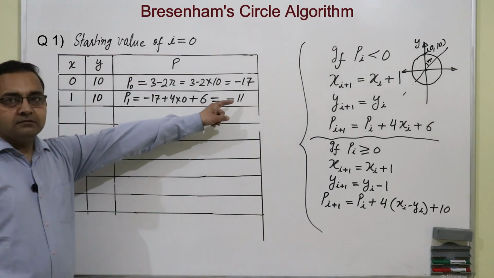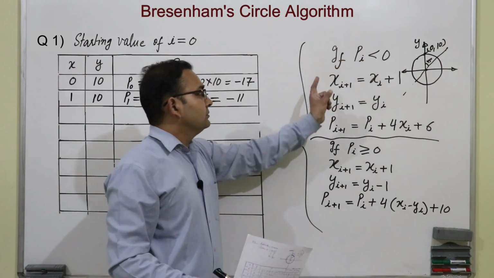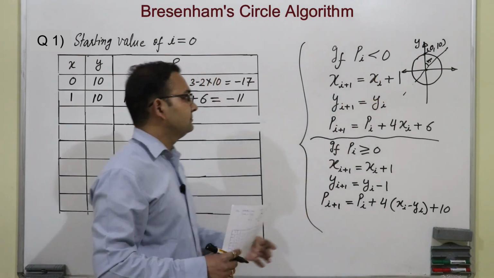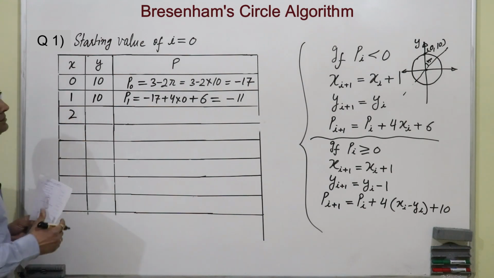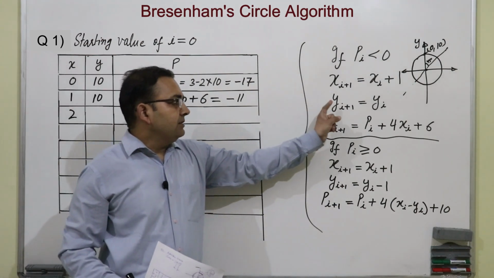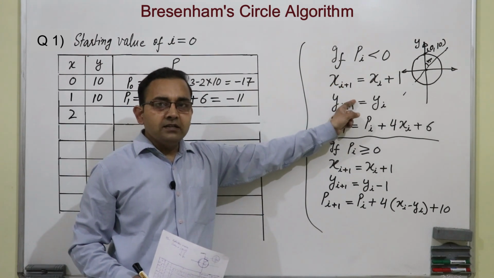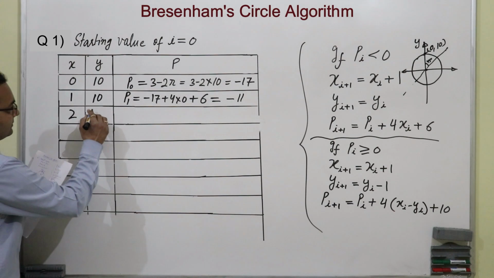Again Pi is less than 0. So, xi plus 1 equal to xi plus 1, so it will be 2, yi plus 1 equal to yi. There is no increment in y. So, it will be 10.